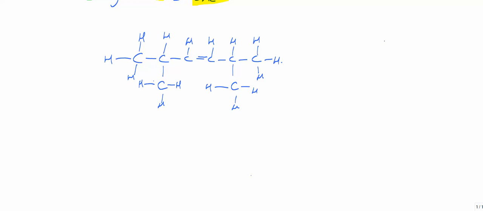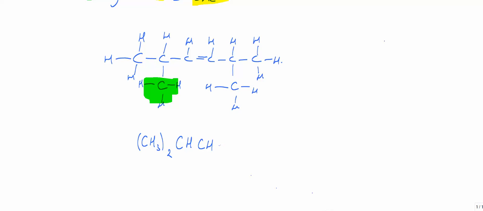Now if we're going to draw or write the condensed formula of that, let's see what we've got. You'll notice here that we've got 2 CH3 groups attached at the end. So what we'll do is write that CH3 twice like that. Notice, of course, that one of those CH3s is part of the main stem. So when naming it, you've got to bear that in mind. Those 2 CH3s are attached to a CH, which is also attached again to a CH group.